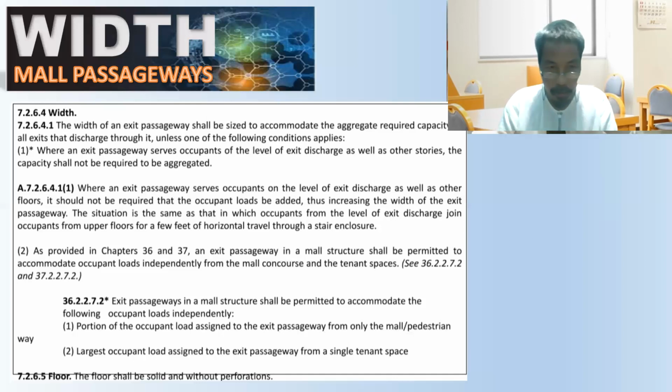This is in the following provision. Exit passageways in a mall structure shall be permitted to accommodate the following occupant loads independently. This is the citation, so it is cited here in this provision.